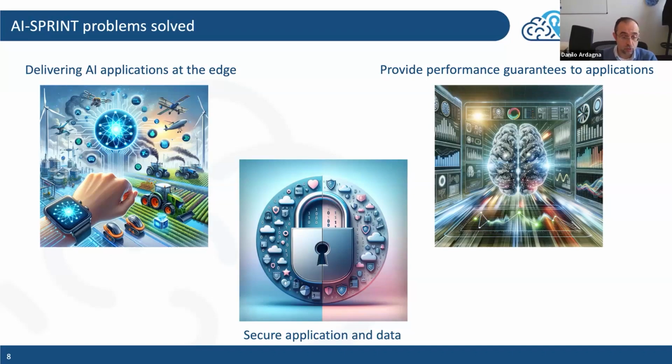So we developed a solution that allows moving a long training job from one data center to another, for example, if in the second data center there are better energy conditions, lower energy costs, or greater energy availability. And we also developed a solution for the secure execution of the applications.